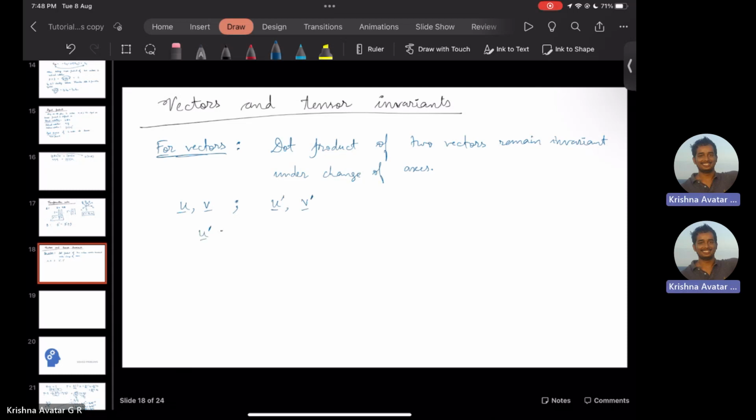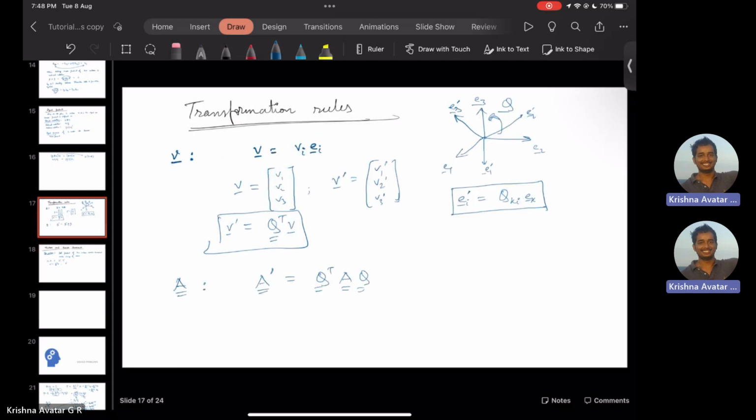And u prime is given as Q transpose u and v prime as Q transpose v. And again, I forgot to mention that Q here is a second order tensor, which is very clear from the context. It has certain properties.